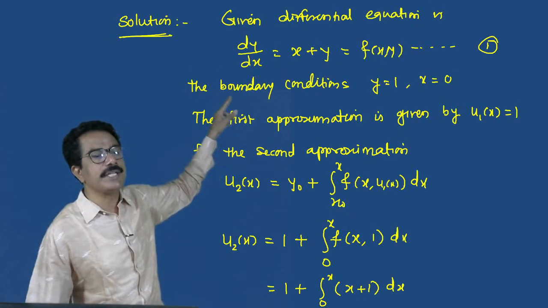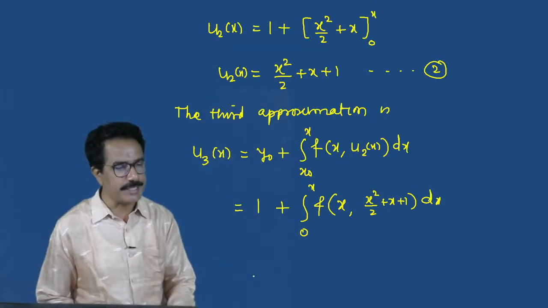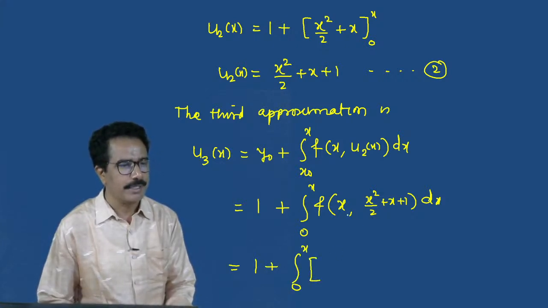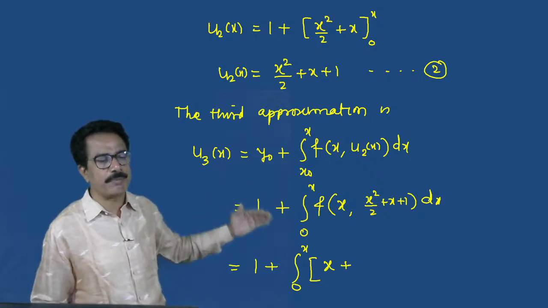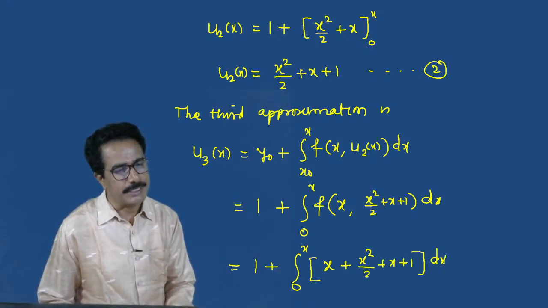So our function is x plus y. Y means this. So we can write 1 plus integral from 0 to x of f of x comma y, which means x plus y, which means x square by 2 plus x plus 1 dx.